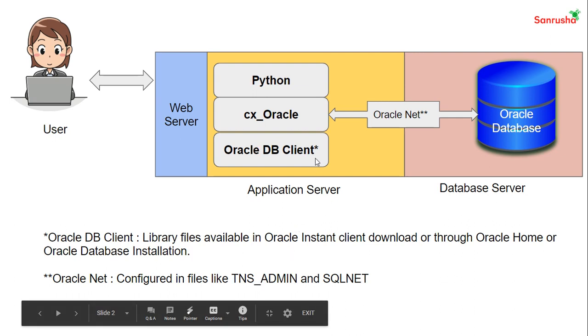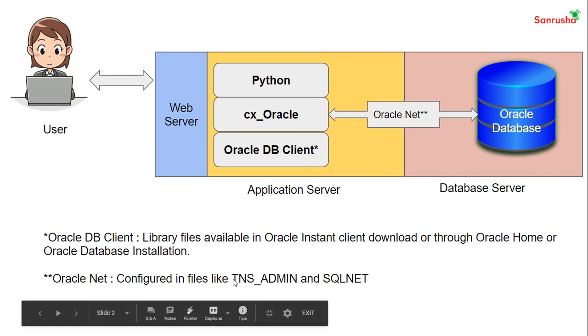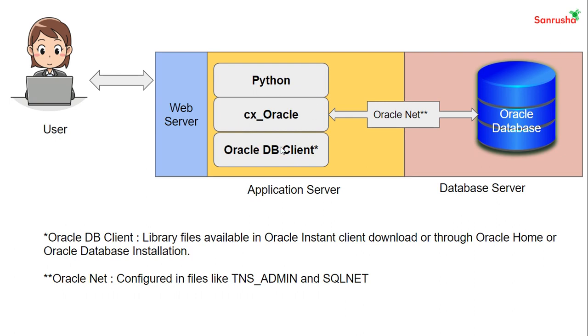When you install the Oracle trial database in this course, you will understand what role TNS admin plays in that. So your application server needs something called DB client, and using DB client and TNS admin, it connects to the Oracle database. That's how you pass information from Oracle database to the application server and vice versa, right? So that is about how your application server will connect to the database.